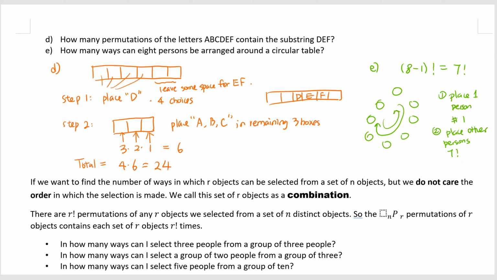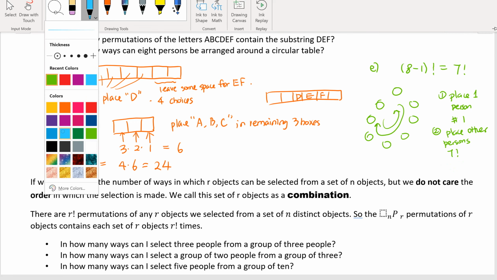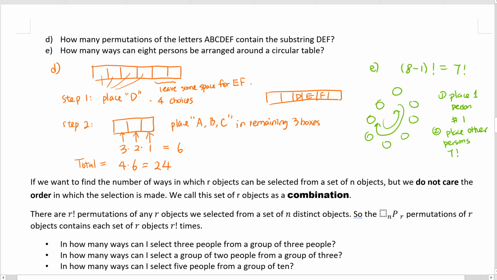Let me put down the remark here in a different color. If you consider the clockwise and the counterclockwise directions the same arrangement, you need to divide the answer by 2.